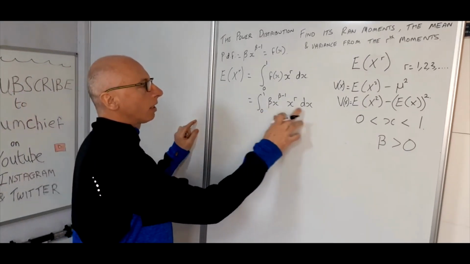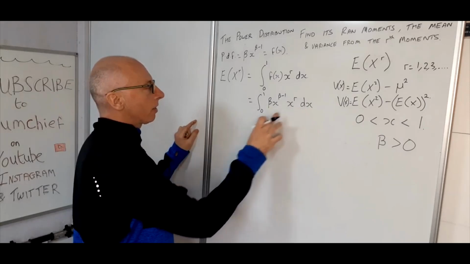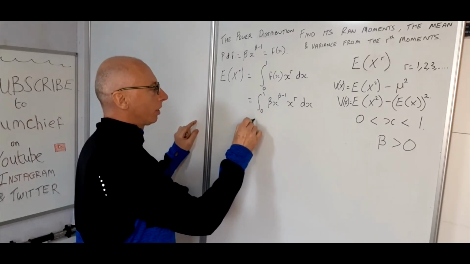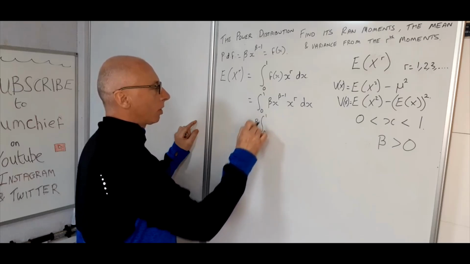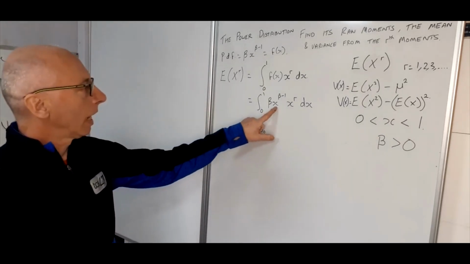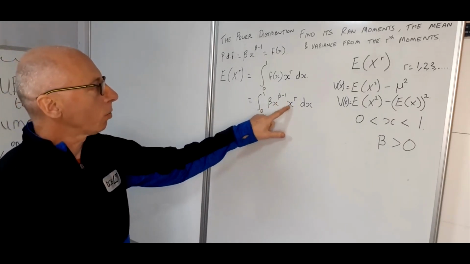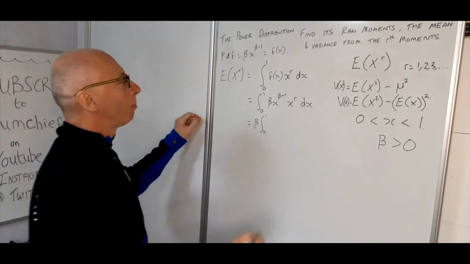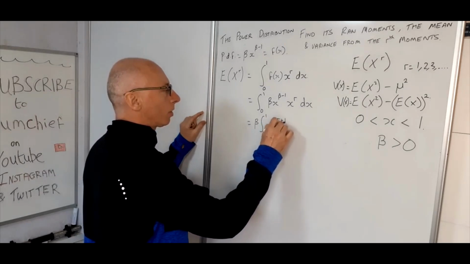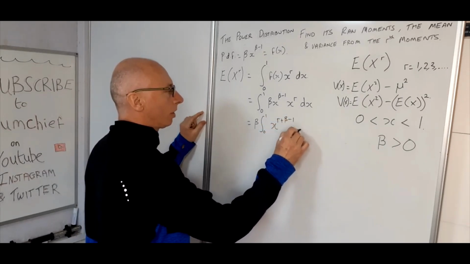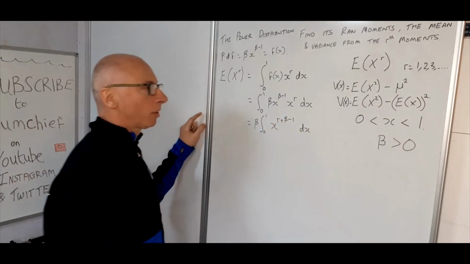The beta is not concerning our x, so the beta can come out front. Integration parameters will remain the same. Now this x to the beta minus 1 and x to the r, we can combine. So now we've got x to the r plus beta minus 1 and integrate with regards to x.